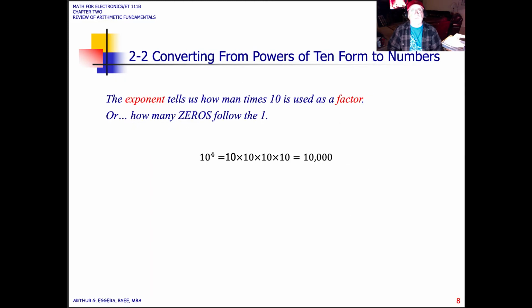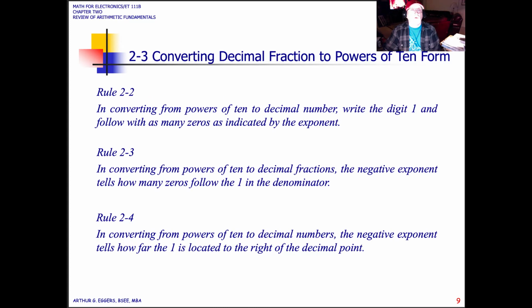Multiplication, the exponent tells us how many times 10 is used as a factor. So we can see here 4 tens tells us that we've got 10 to the 4th or 10,000 as a factored number.